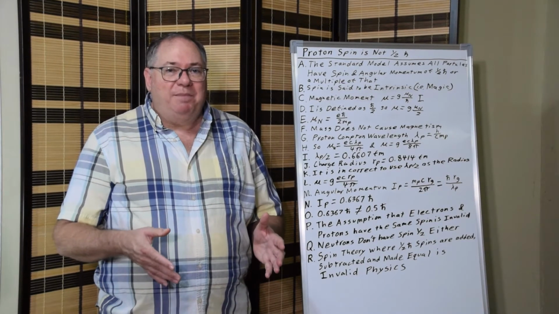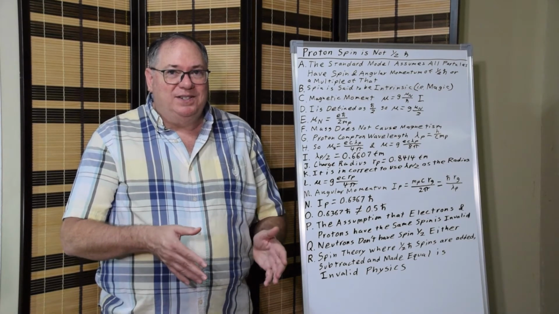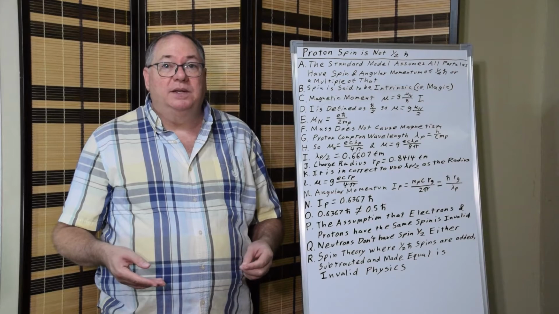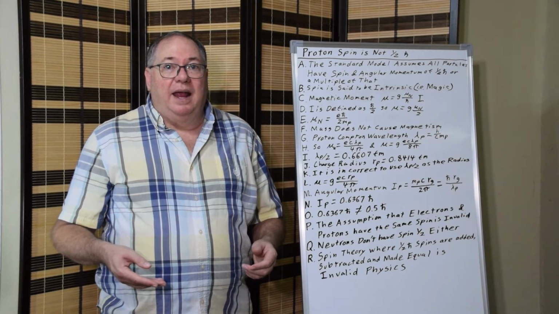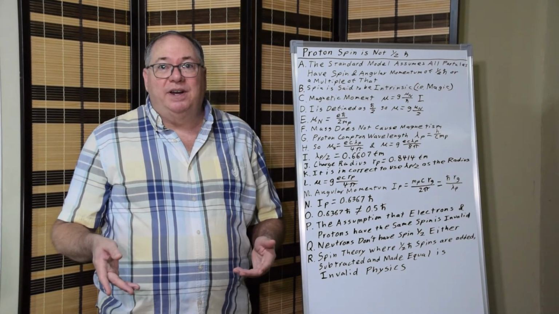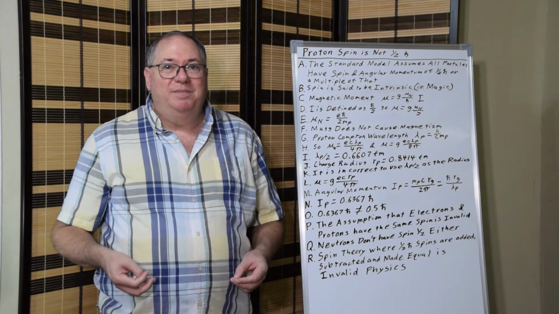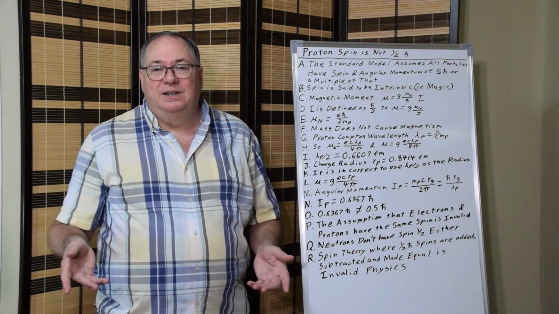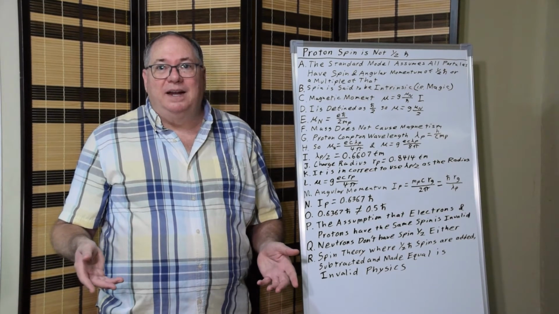And so that's what's happened. Physicists developed this contrived idea before they knew what the true charge radius was. And then once they realized what the charge radius was, they didn't go back and fix the problem and realize the whole spin conservation law, the way it was applied, is nonsense.